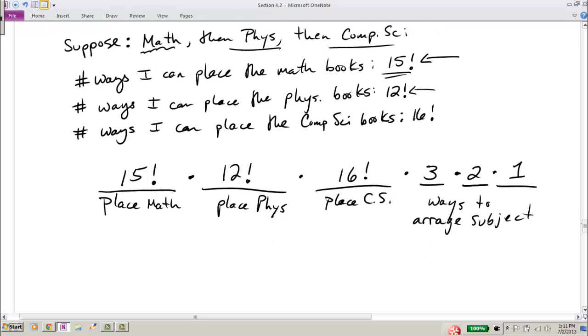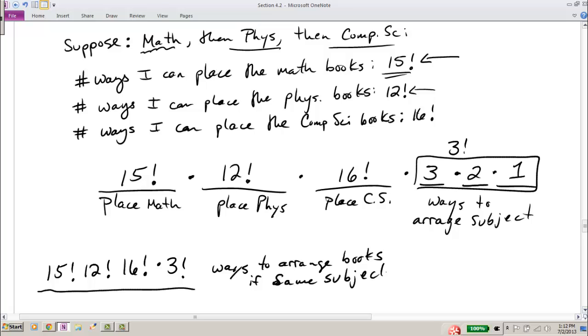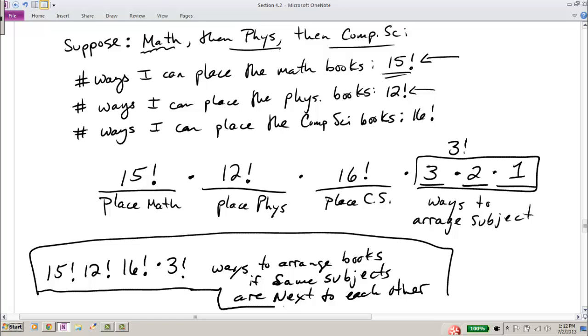So this gives us altogether 15 factorial times 12 factorial times 16 factorial times, and we can go ahead and write this as 3 factorial or as just 6 if you like. This many ways right here. So many ways to place my books if I place the same subjects next to each other.